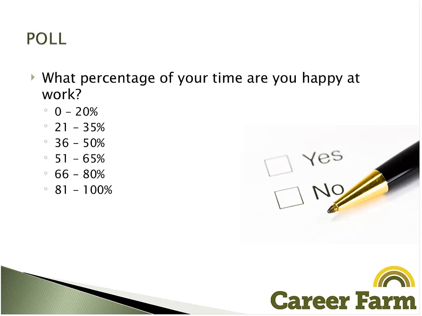Okay, so we're doing pretty well here. So we've got 36 to 50, 51 to 65. Now, I'd like you just to look at that, because that is pretty much a normal distribution. We've got 10% though on F who are feeling really pretty happy at work. 81 to 100% of the time they're happy at work, so 3 of you.